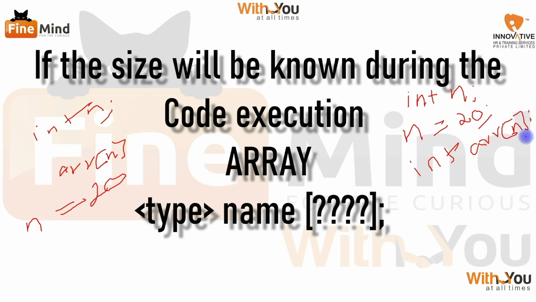Let's be absolutely logical. N is an identifier that has been given a value of 20. So this particular statement with the array can happen only when n is existing. When would n exist? N is an identifier, and an identifier is a name given to a piece of memory.